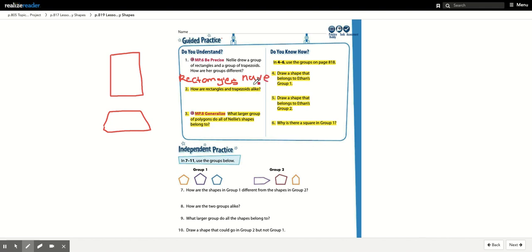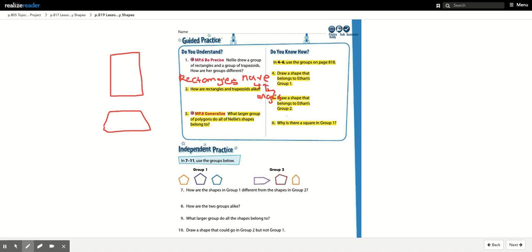They have what? Four right angles. If you might be wondering, what is this L, Mrs. Demedio? It's actually supposed to be a right angle.